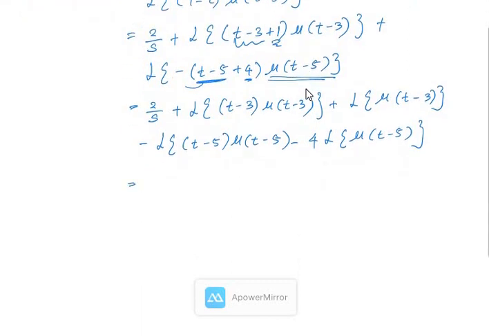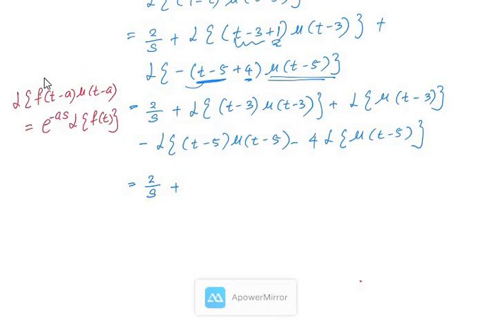So this is equivalent to 2 over s plus, and from here we can use the second shift property. You still remember the second shift property? I write it here.